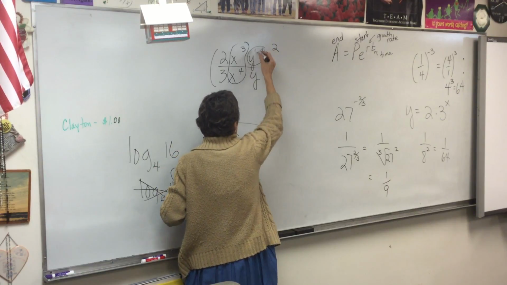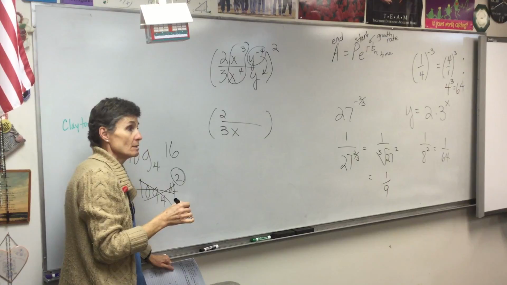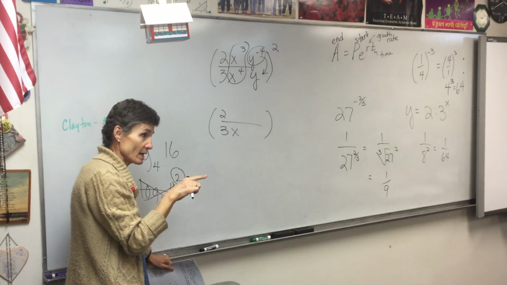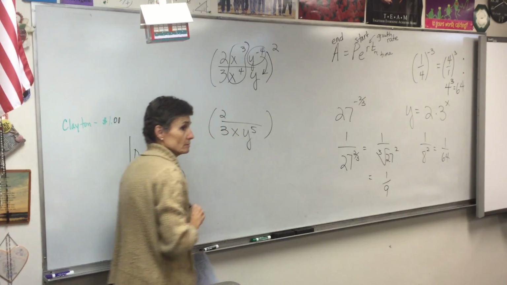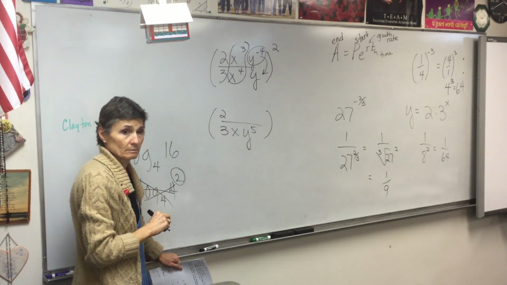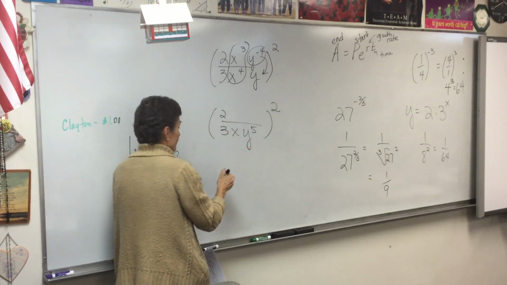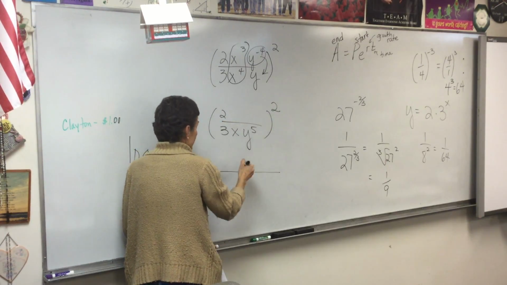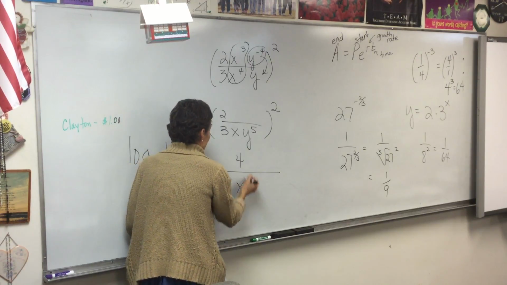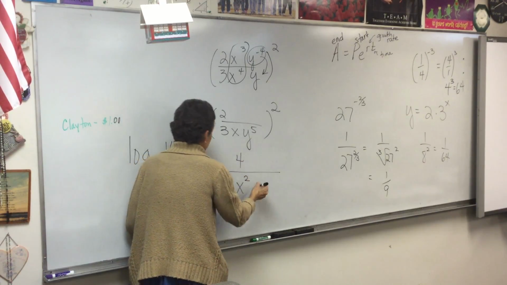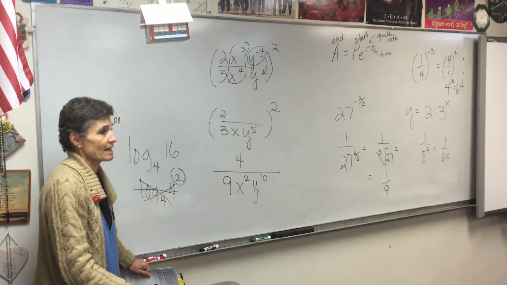He's going to come down, but there's already 1 down there, so we'll have 5 of them down there. And we're going to square that whole thing. So 2 squared, 3 squared, x squared. All right, now what's this one? Yes, ma'am, y to the 10th. That's exactly right.